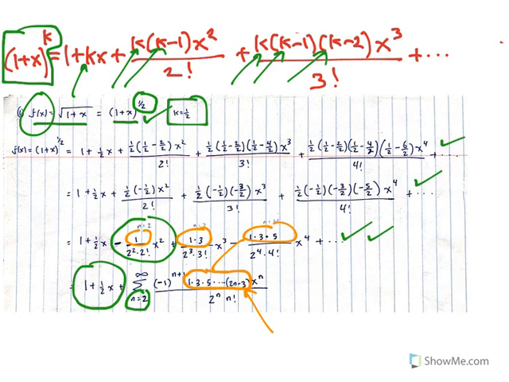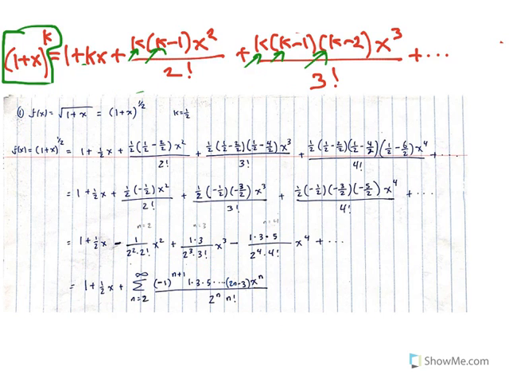So the factors that we have in the numerator will be of the pattern 1 times 3 times 5, and continuing until we get to 2 times n minus 3. We just reviewed what we did yesterday because we're going to use that to make what we're doing today easy.